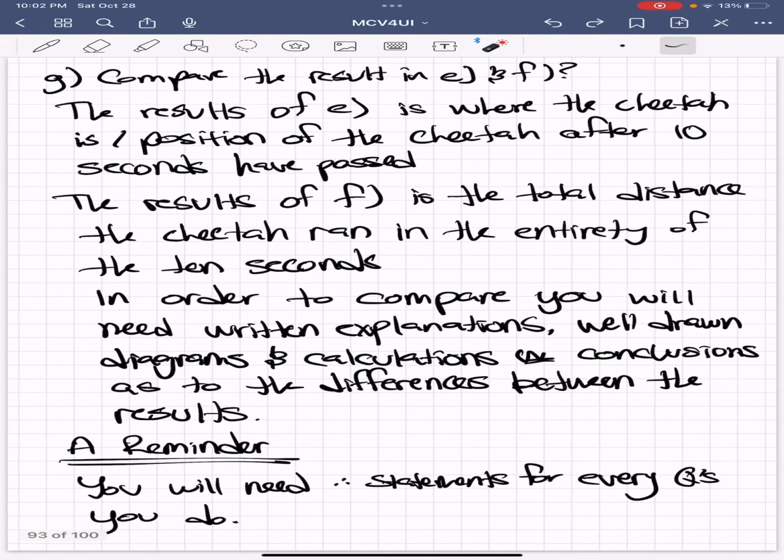Moving on. Compare the results in E and F. The result of E is where the cheetah is, or the position of the cheetah after 10 seconds have passed.